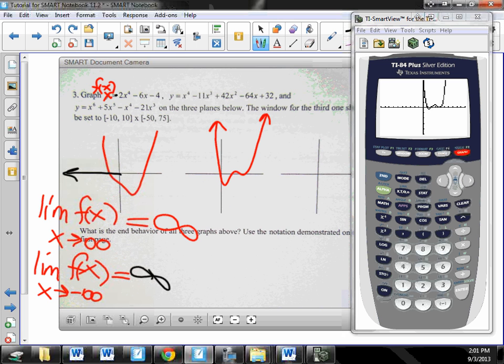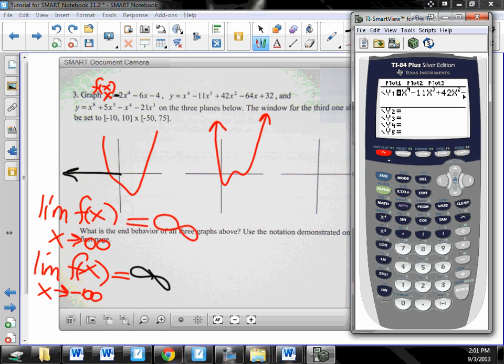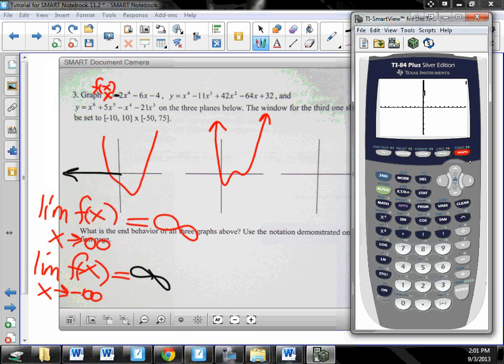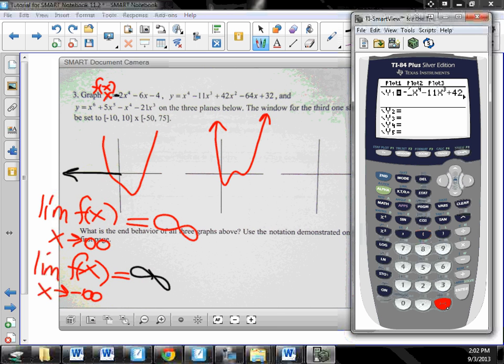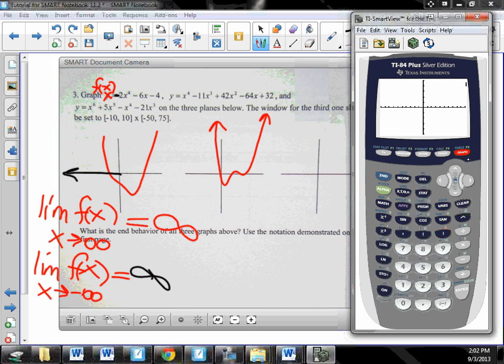So if I change it to negative 2x to the fourth, let's see if that does it. Okay. So I just made the whole thing negative. Now it opens down.